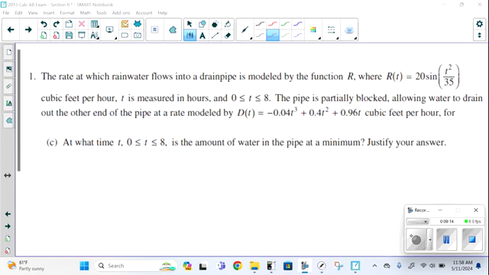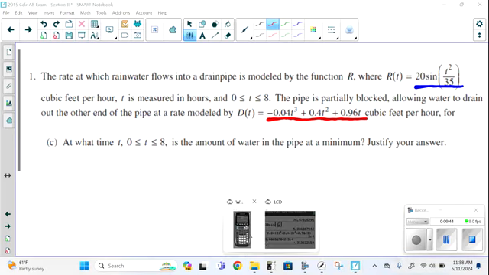What I'm going to do for part C is I'm going to graph these. Now we have a calculator. I will graph the water that's going in blue, and I'll graph the water that's draining in red. Okay, so let's just first start with that.